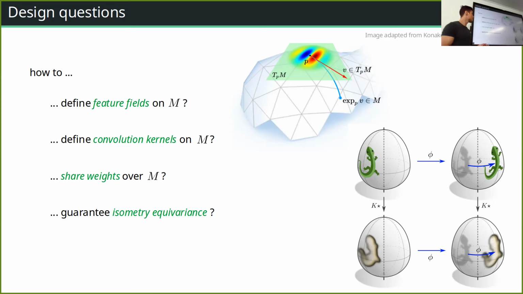But what we are doing is we define the kernels on the tangent spaces, and then we map them down with the exponential map, which is what you see on the top image. Then we still need to know how to share weights between different tangent spaces. And this actually requires G-steerability again. So the same constraint will pop up. And finally, we have to look at isometry equivariance, which means that if your manifold has a certain symmetry, then your convolution operation should commute with this symmetry.